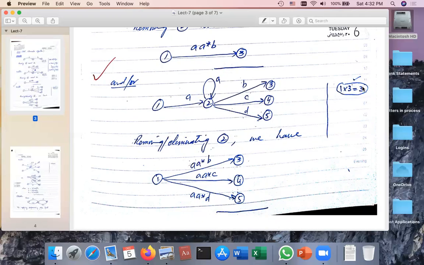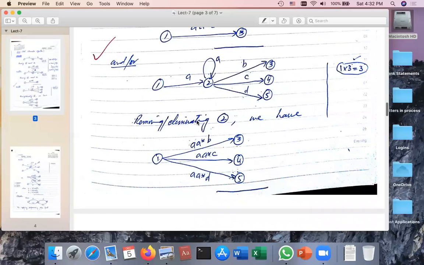So now I have to introduce 3 edges in my resultant FA after removing this state 2. So eliminating 2, I know that after removing this 2, I have a star B as one edge, a star C as another edge, and a star D as another edge, that I have represented here.